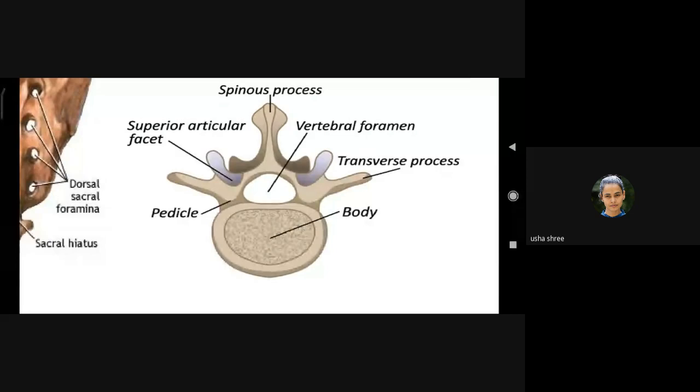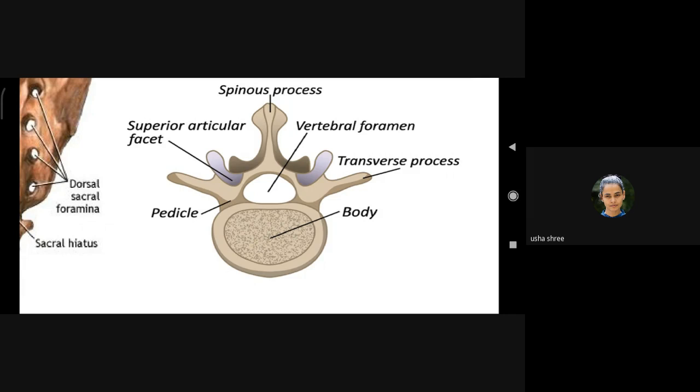Okay. So here you can see a normal structure of a spinal vertebra. In the lower part of the slide, you can see a large structure labeled as body, right?